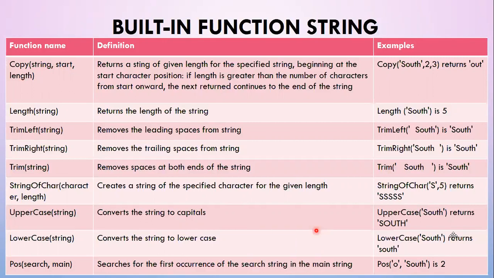So I say copy: what do I want? The word south, and I want it from the second character, which is O, and I want 3 characters, O-U-T. There we go, out.